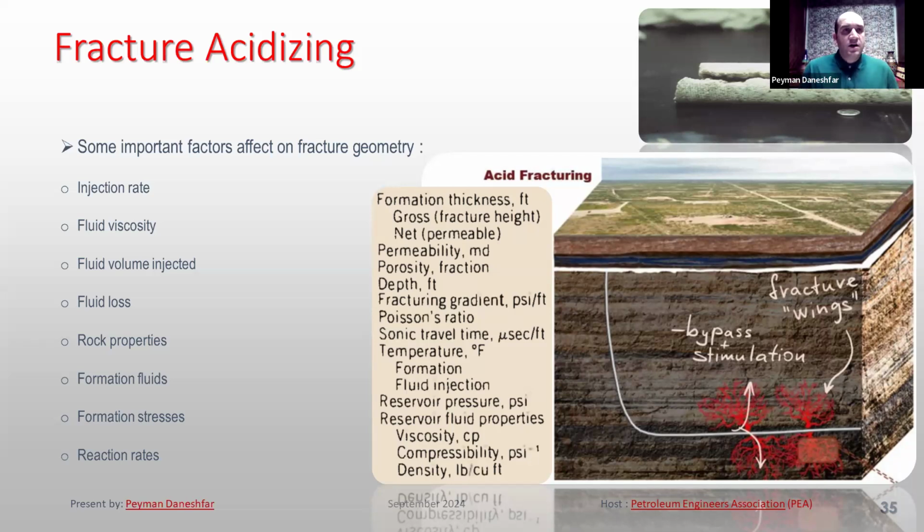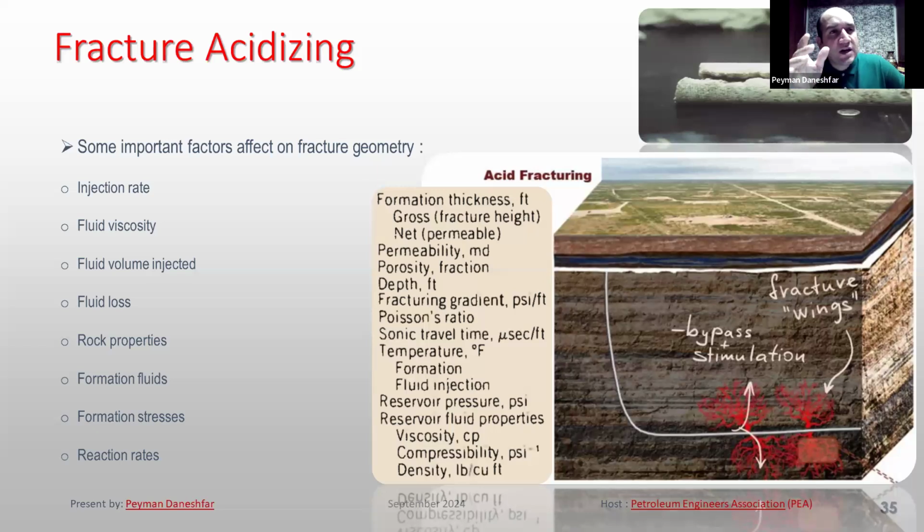So the client asks us, I want to fracture acidize a well. Okay, which parameters do you need to do a fracture acidizing? First of all, formation thickness. If you see the middle of this slide, you can see permeability, porosity, depth, fracture gradient, Poisson ratio, sonic travel time, temperature, reservoir.